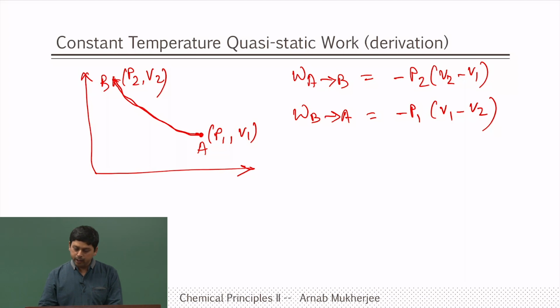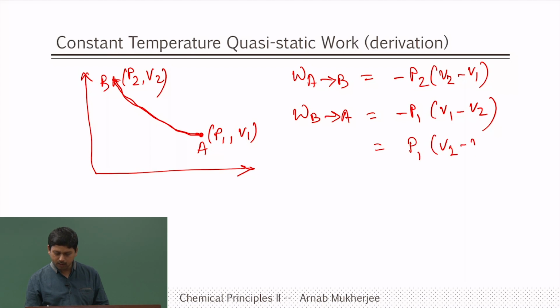Now, if I rewrite this equation, or let us say we only consider the magnitude of the work, then the sign will not matter. I will just write P1 times (V2 minus V1). Now, let us take the magnitude of the work. So, now the magnitude of the work W A to B will be P2 times (V2 minus V1), and this one will be P1 times (V2 minus V1).